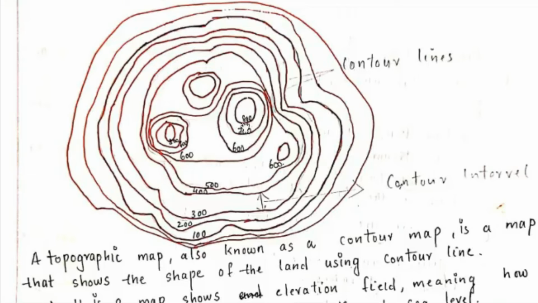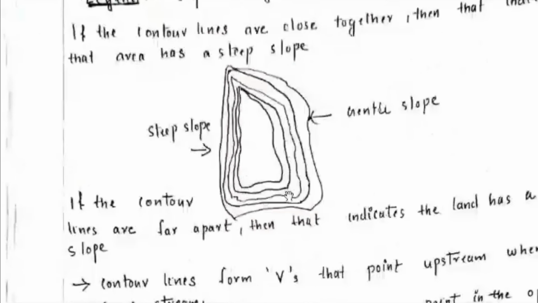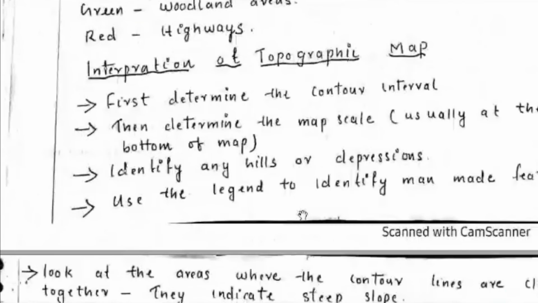On the other side, if a depression or valley is present, the contour lines will travel in a V shape. In this particular diagram it is not present, but that is how the contour lines will travel in the case of a valley area. V-shaped or U-shaped contour lines will be present.